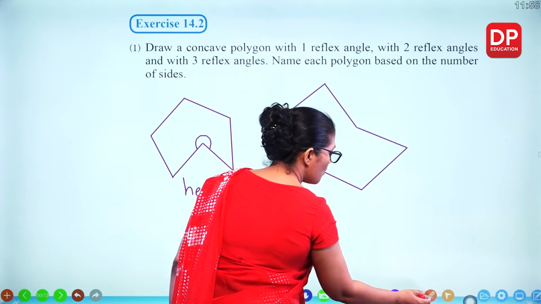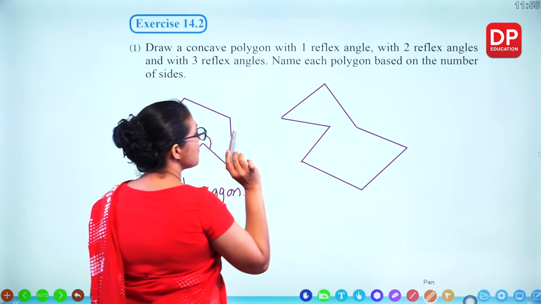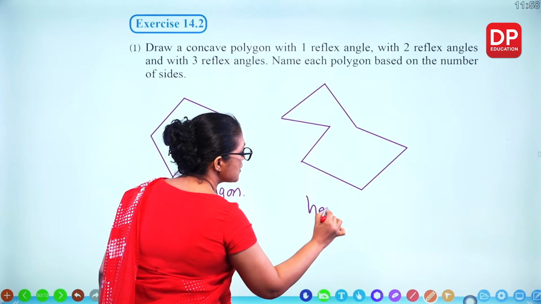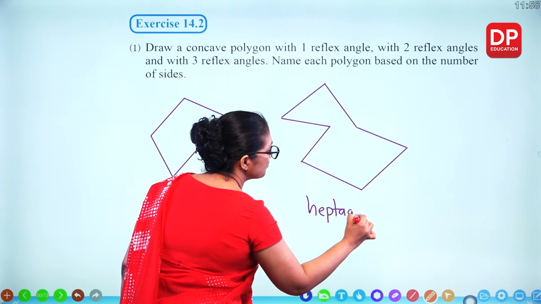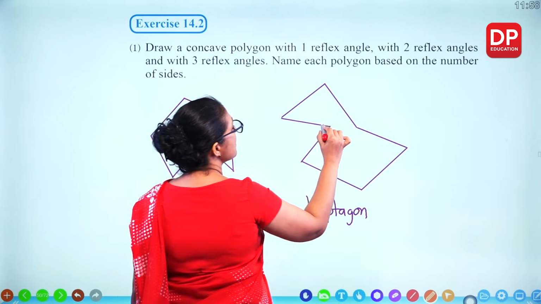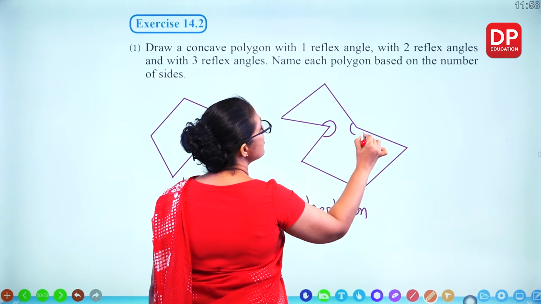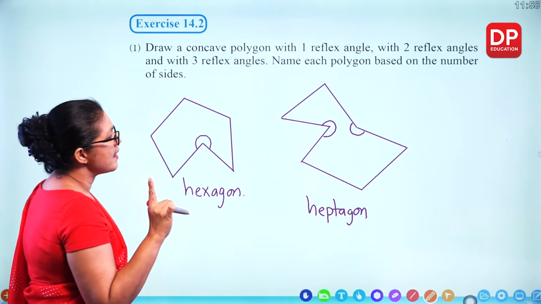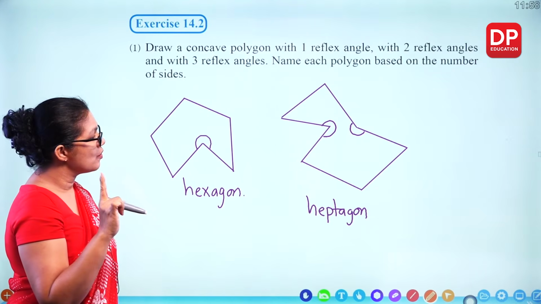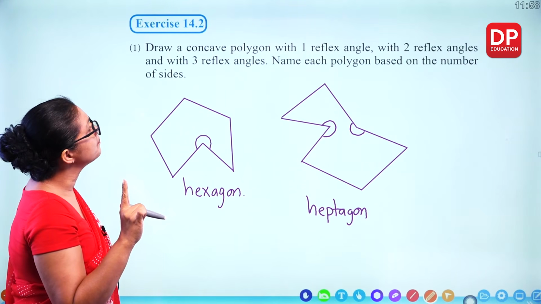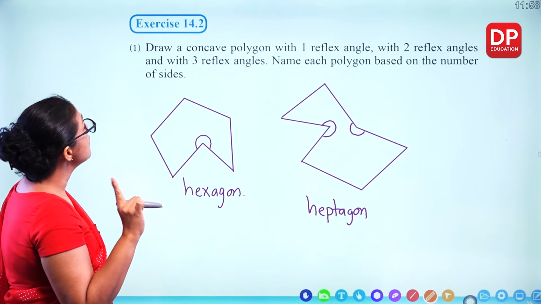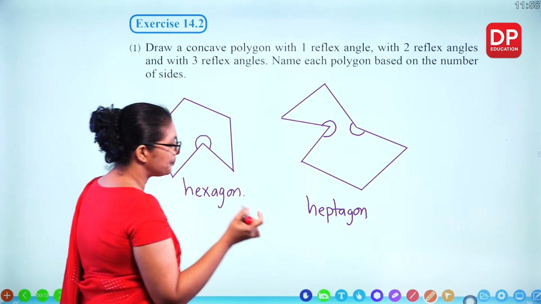Now, what's this? 7 sides, heptagon. How many reflex angles are there? 1 and 2. 2 reflex angles are there. So, heptagon. So, we need 3 reflex angles as well.